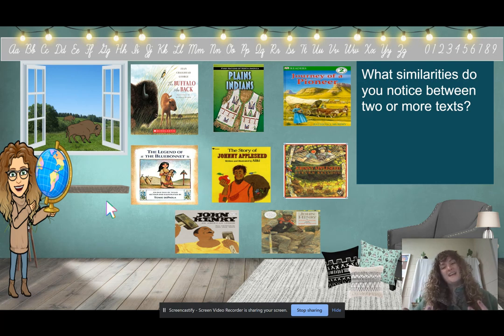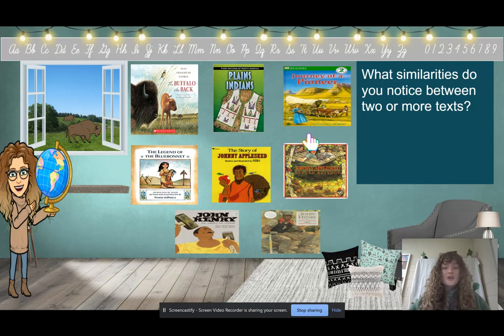So we have read 8 different books. We started with reading The Buffalo Are Back. Then we read the informational text Plains Indians. Then we learned about Olivia Clark's journey through her diary in Journey of a Pioneer. We read The Legend of the Blue Bonnet, which talked about a young girl named She Who Is Alone that made a sacrifice to help her people.